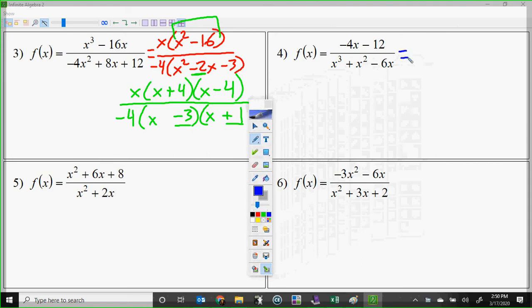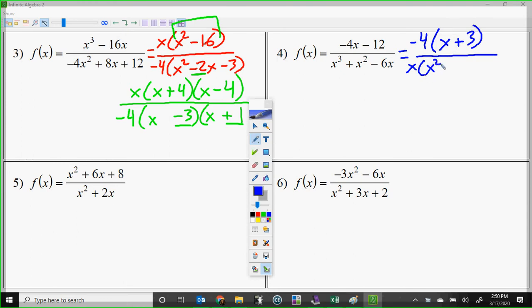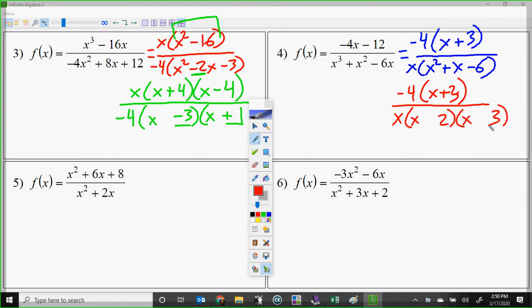So let's move on. I'll factor a negative 4 out of this one. If I factor out negative 4, that gives me x plus 3. I can factor an x out, giving me x squared plus x minus 6. I can't do anything else to the top. The bottom I can change. 2 times 3 is 6, and one's positive, one's negative. With the 2 negative and the 3 positive, they add to make positive 1.